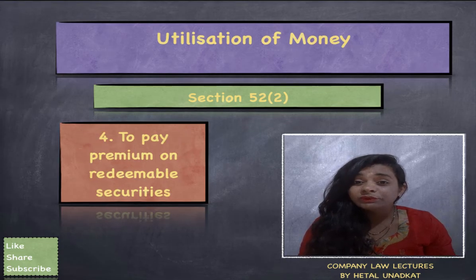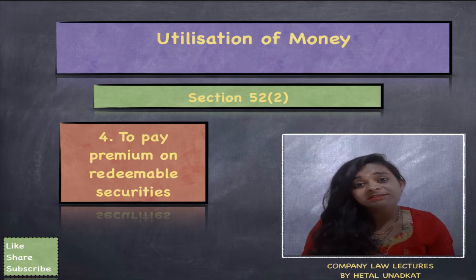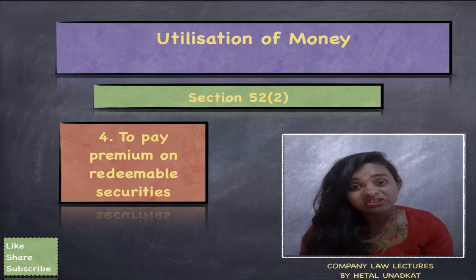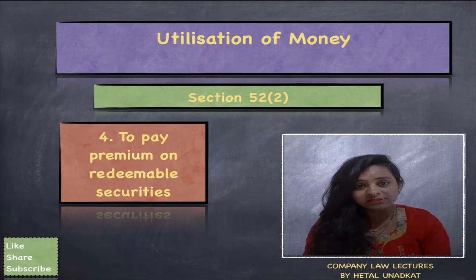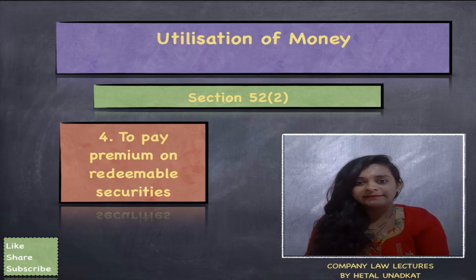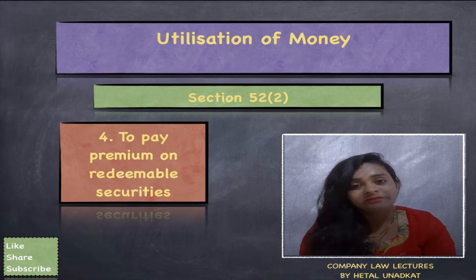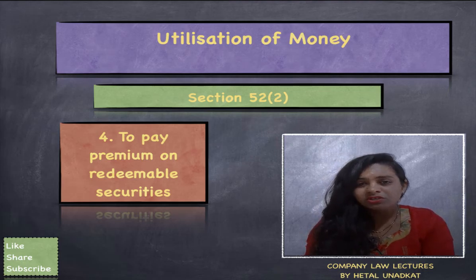Now, if you know the concept of redeemable, that means after a certain period of time we have to redeem the amount back to the original owner of the shares, preference shares, or maybe the debenture holders. We have a certain period of time, say after 5 years, we have to give back their amount to the owner. That is called redeemable preference shares or debentures.